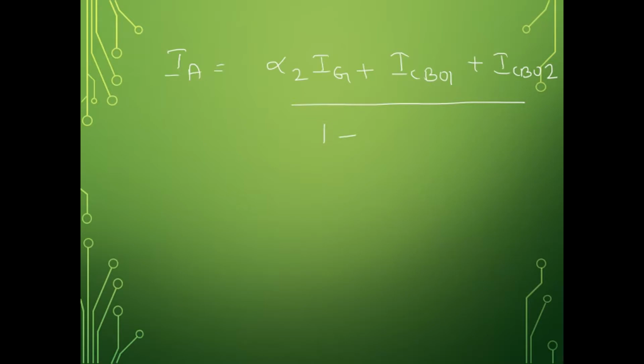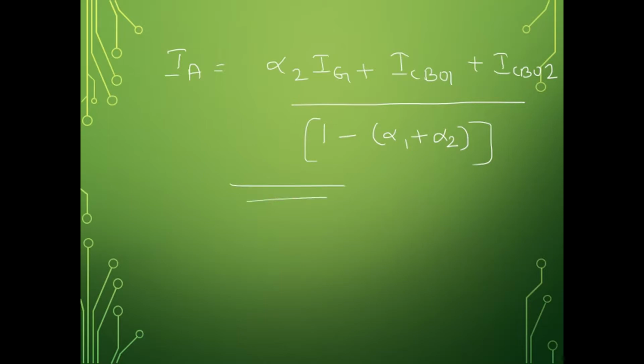So I can write IA is equal to (alpha 2 into IG plus ICBO1 plus ICBO2) divided by (1 minus (alpha 1 plus alpha 2)). So this is the expression which we need to have.